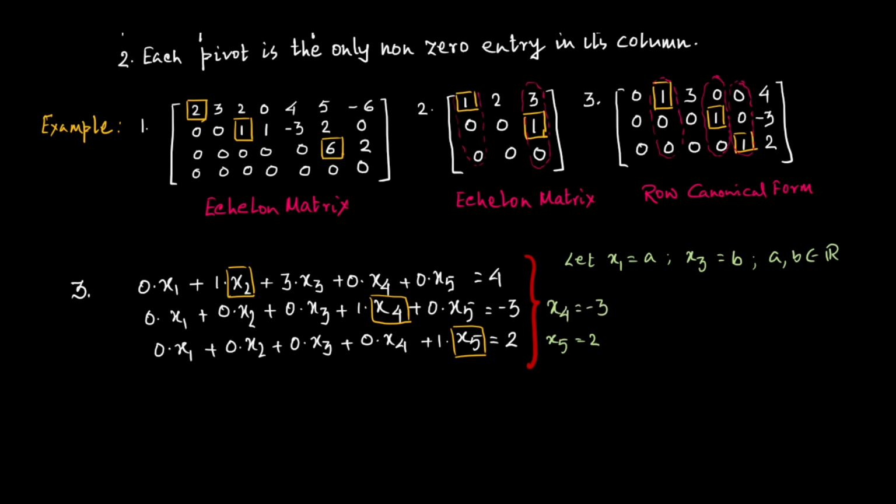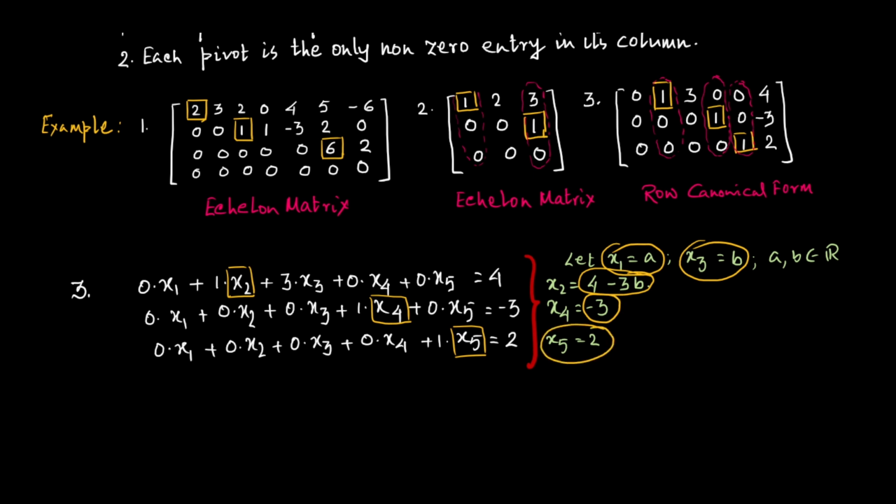Now, from the first equation, if I plug in x3 is equal to b, then I can find out that x2 will be equal to 4 minus 3b. So my solutions are x1 is equal to a, x3 is equal to b, x2 is equal to 4 minus 3b, x4 is equal to -3, and x5 is equal to 2.